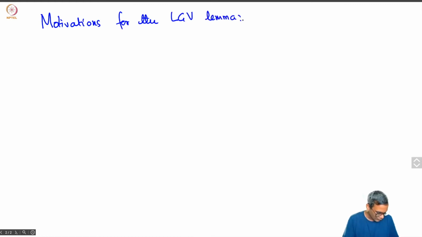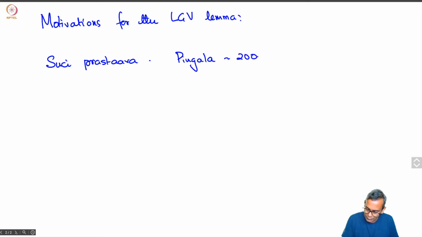The first is called the Suchi Prastaara. This was introduced as a method to compute binomial coefficients by the Indian mathematician Pingala, who lived in about 200 BC.